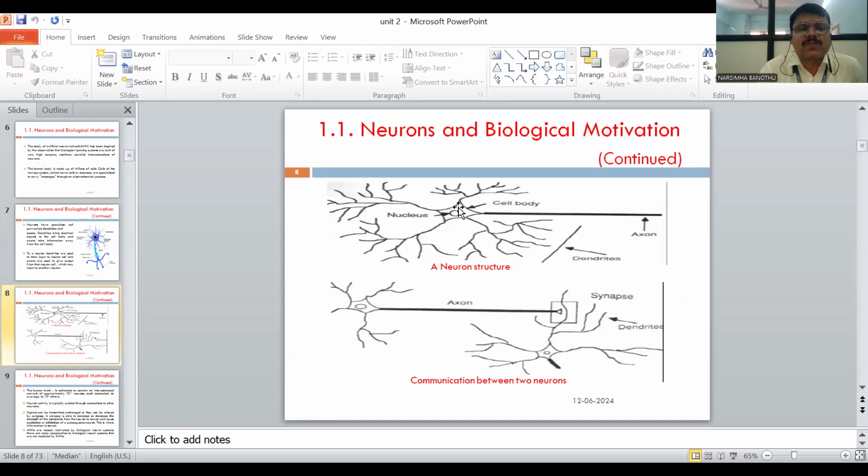You can see here this is the neuron structure. These are the dendrites and these are the axons. You can see here clearly axons, synapse, dendrites. So communication between two neurons will be like this.